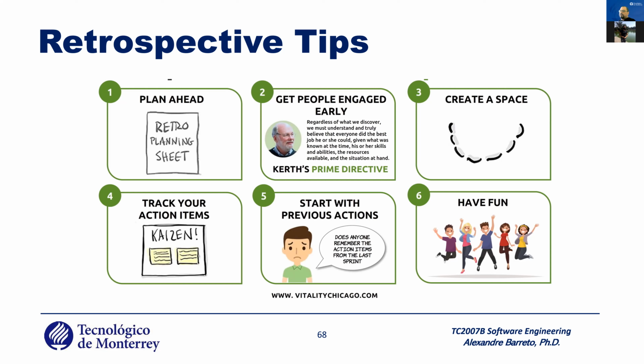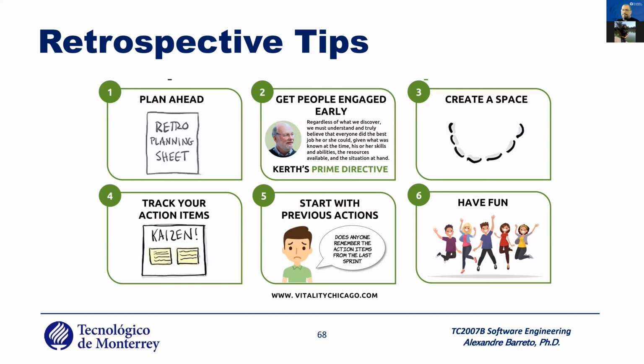Track your action items. For example, if you define during this meeting that you will start to do one thing, for example, before the daily work you generate a yoga session before you start to work. Track it. And in the next retrospective, you check if you're doing what you promised to do.